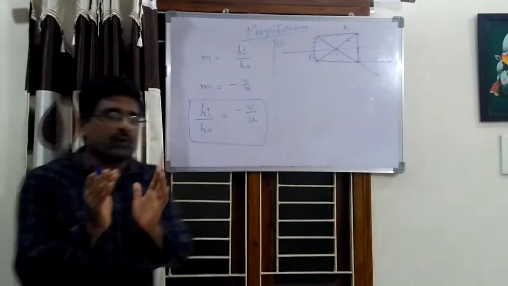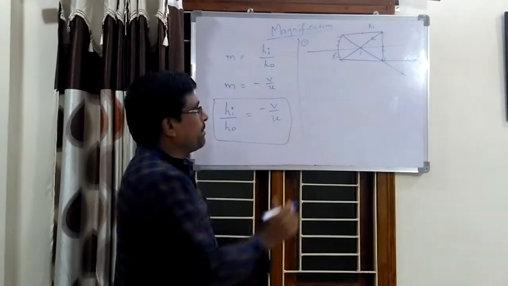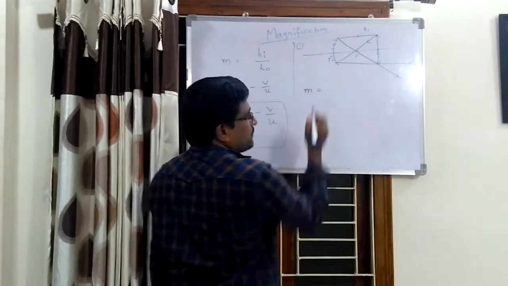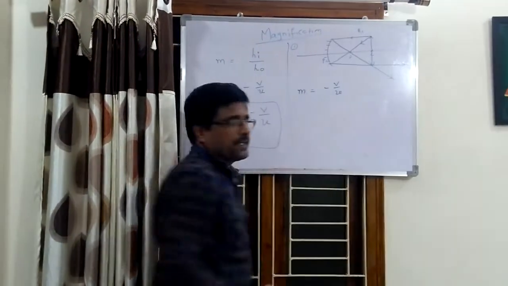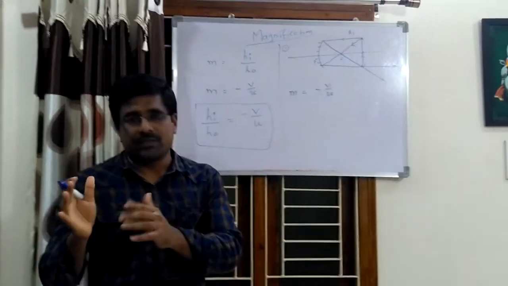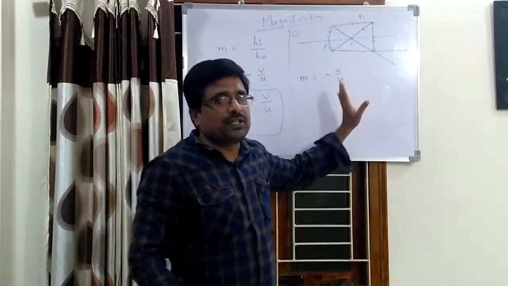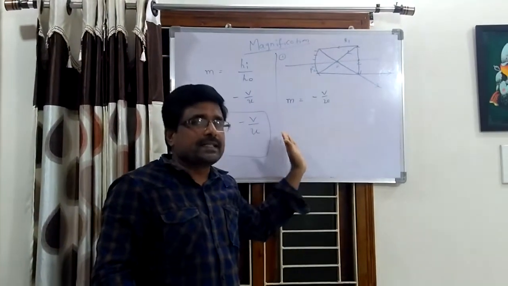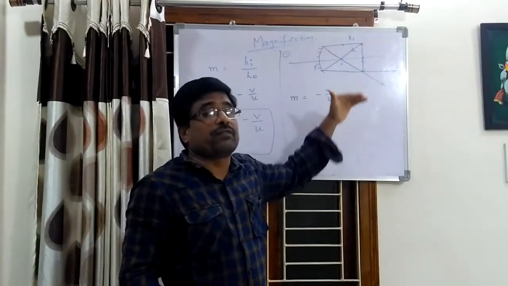Now we are going to discuss magnification. Magnification M is equal to minus V by U, because here we have the distances of image and object. This is the object and this is the image. Here we have these two distances. Hence it is easy to find the magnification in terms of distances.